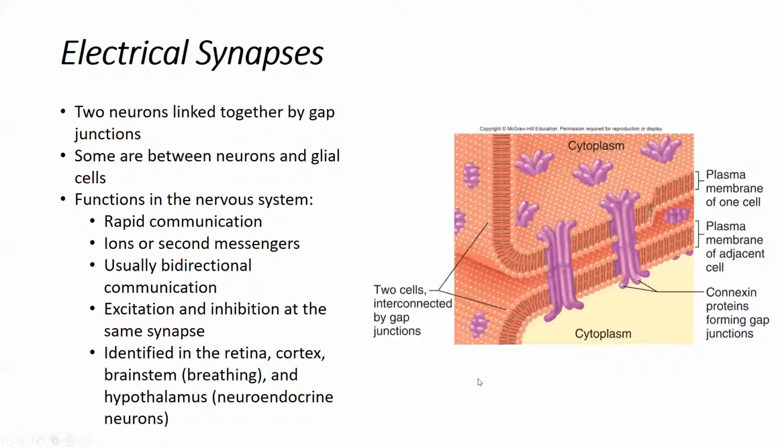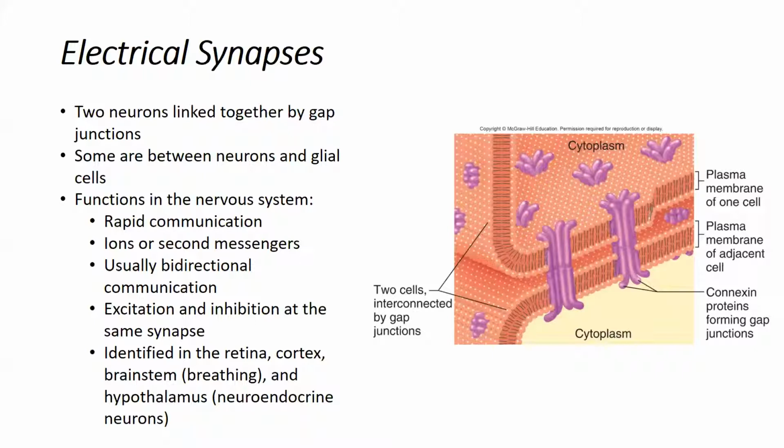The signal can be either excitatory or inhibitory. When I say that, I mean the signal that's coming across can either depolarize the adjacent cell or hyperpolarize the adjacent cell. That is not the case with chemical synapses. Some of the areas where we have identified electrical synapses are the retina, the cortex, the brainstem, areas like the pons and the medulla, and then the hypothalamus.